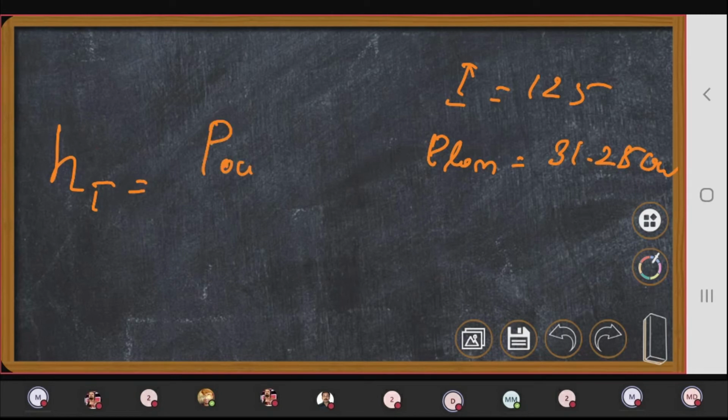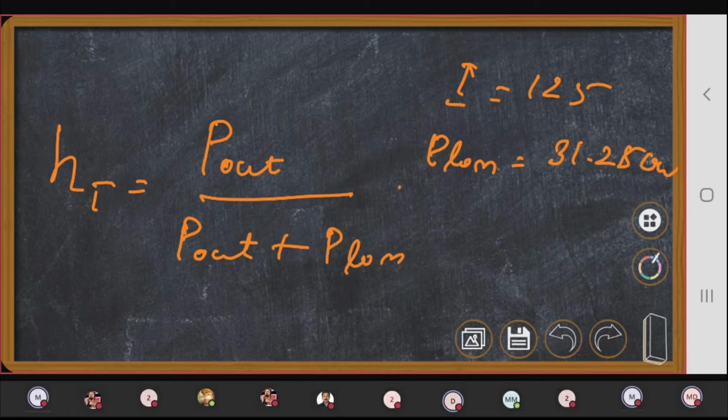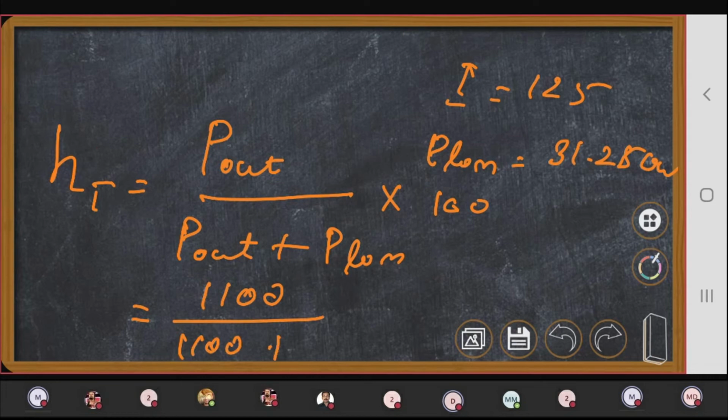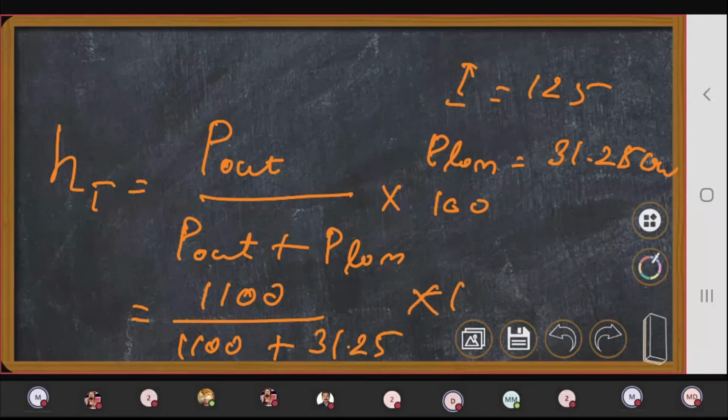So we need transmission efficiency. Efficiency is P out by P out plus P loss into 100. So 1100 by 1100 plus loss 31.25, with all the values in kilowatts, into 100.